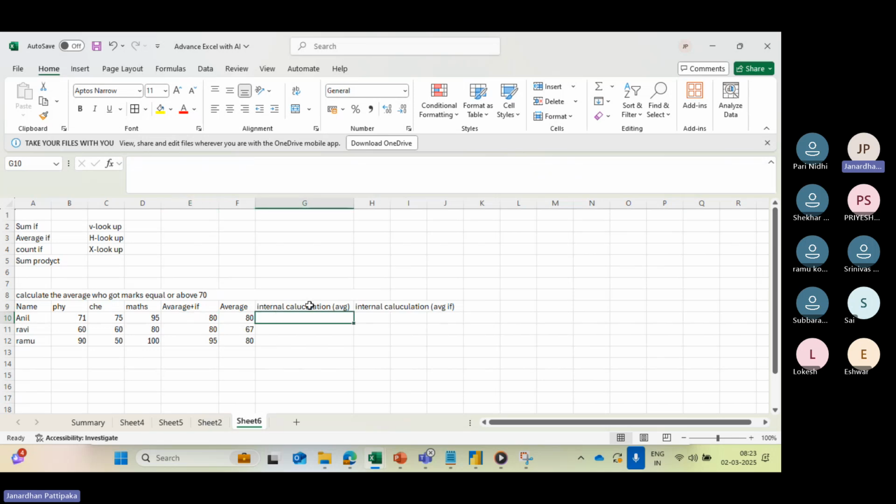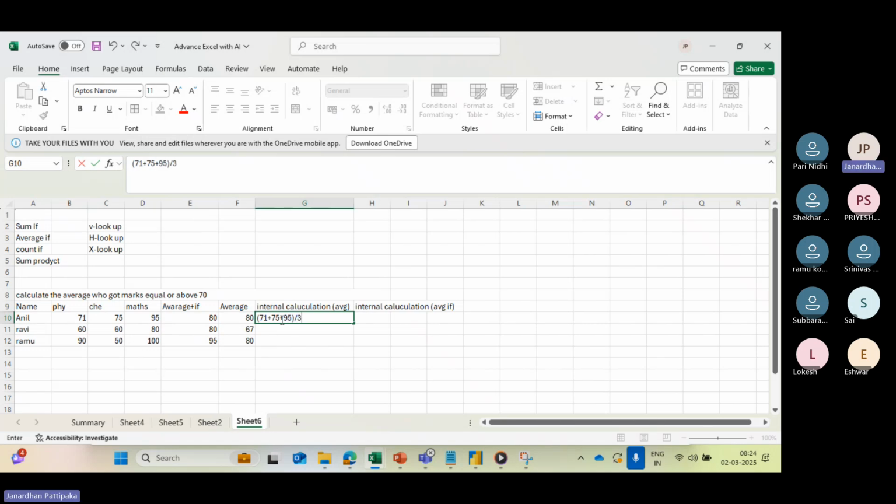What is simple here? It will calculate for all the values, it will take the average. So how it will take, it will calculate this physics plus, sorry. Average calculation means it will calculate for this 71 plus 75 plus 95 by 3.